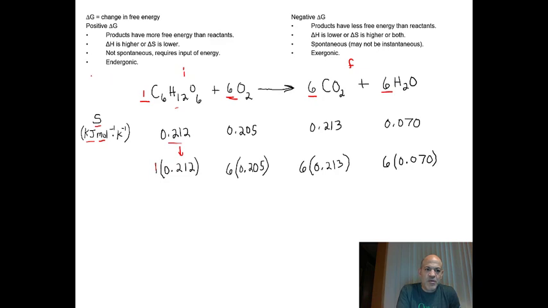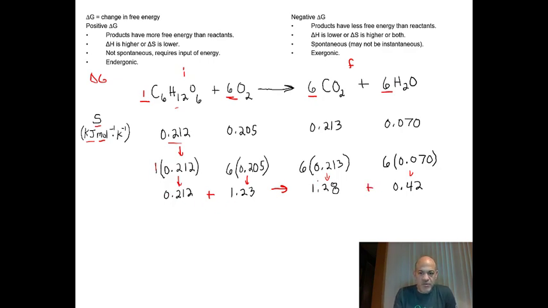And we're not looking at delta G right now. We're looking specifically at just entropy, okay? Before and after, there's an entropy associated with it. So when I do those calculations, 1 times 0.212, 6 times this, you get those values there. Keep in mind that this would be the total entropy before, and this would be the total entropy afterwards for this equation. Remember that delta anything is the final minus the initial.